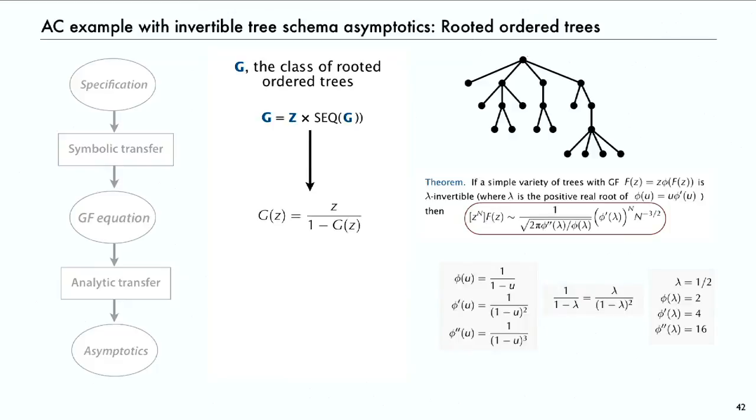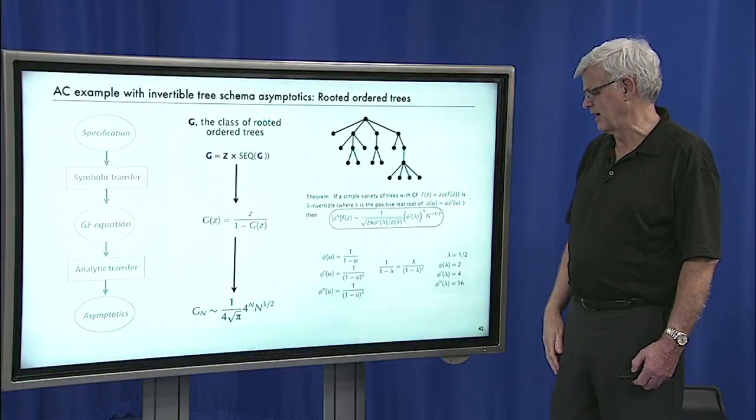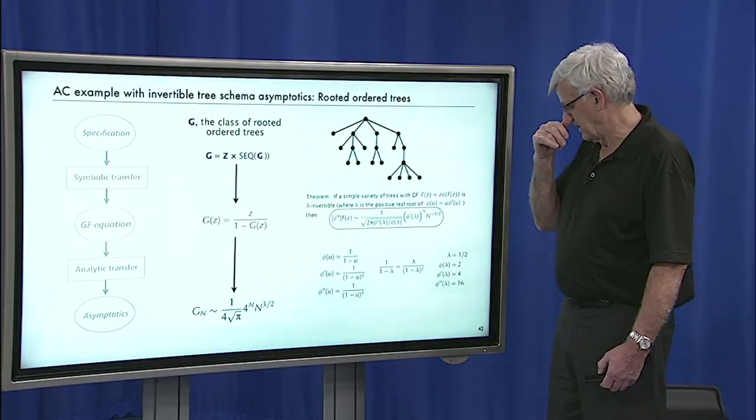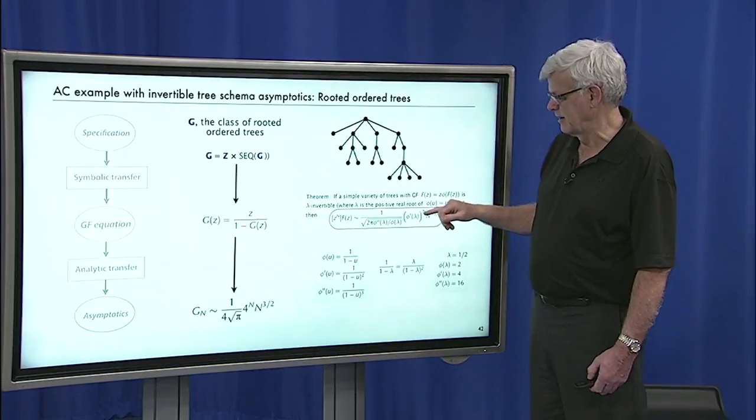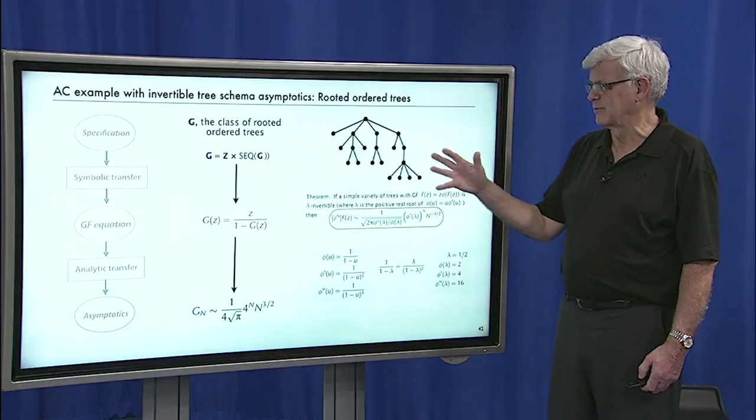So lambda inverse is 4, so it's going to be 4 to the n. And then phi double prime over phi is going to be 8, so we have 16. So boom, we can get the coefficient asymptotics. The n to the minus 3/2, the 4 to the n, and then the 1/4 square root of pi comes out immediately.